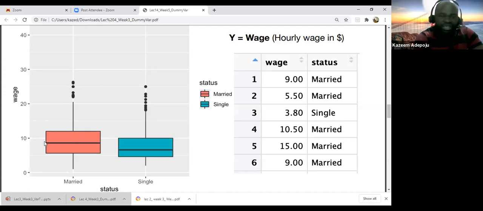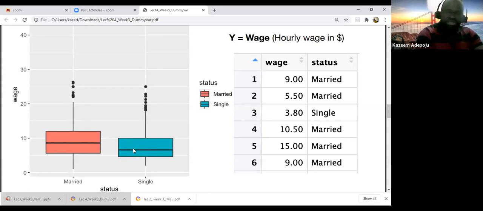This is the median wage of the married, and this is the median wage of the single. When you compare this box plot with this box plot, you're going to see that the median wage for the married is bigger than the median wage of the single.